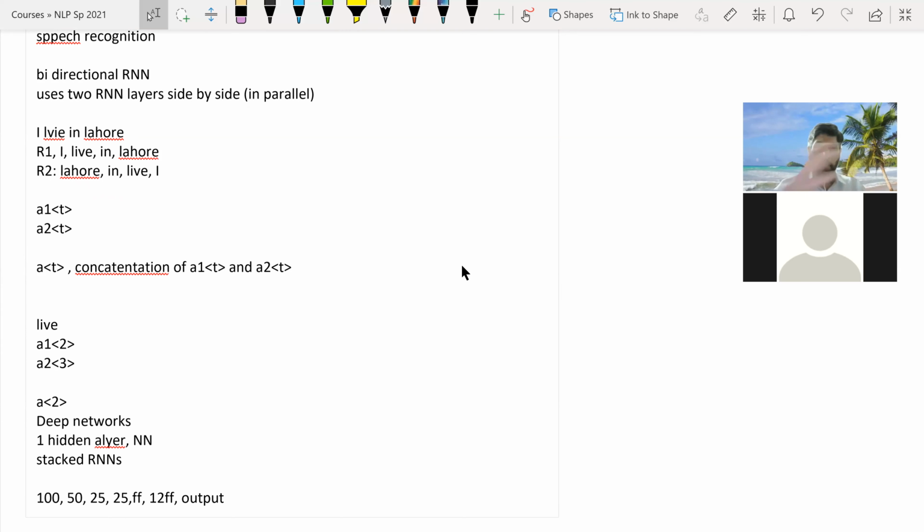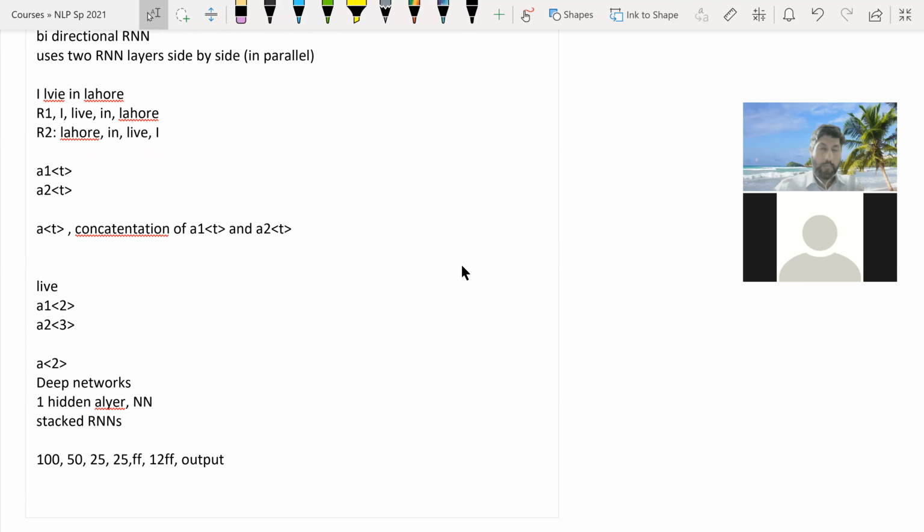You can combine multiple recurrent units, one after the other, in which case we call them stacked. If you talk about the first recurrent layer, I'm calling it A1. The output A1 would now feed into the input of the second recurrent network. Of course, it will be fed back into the first network also.